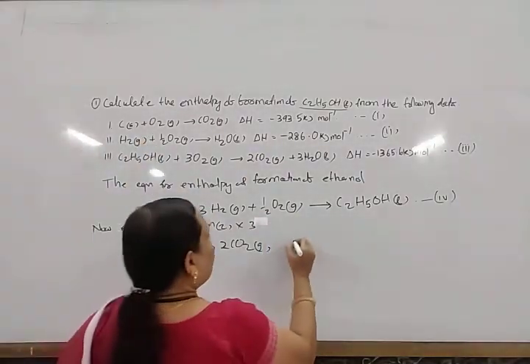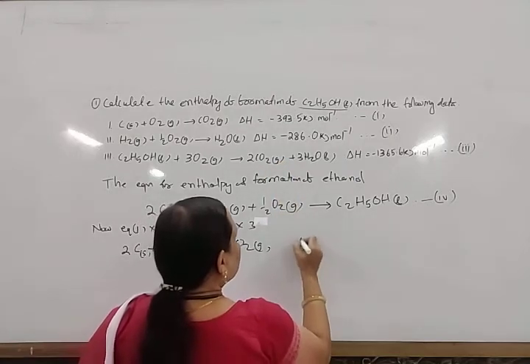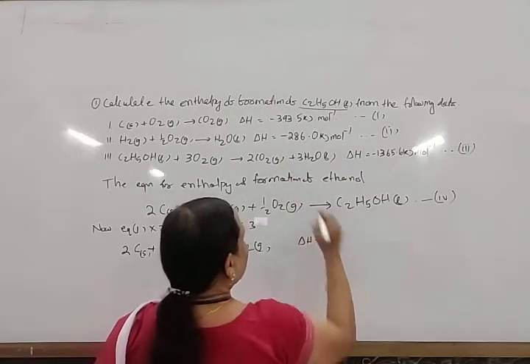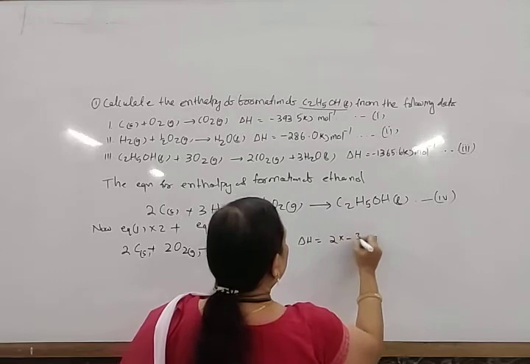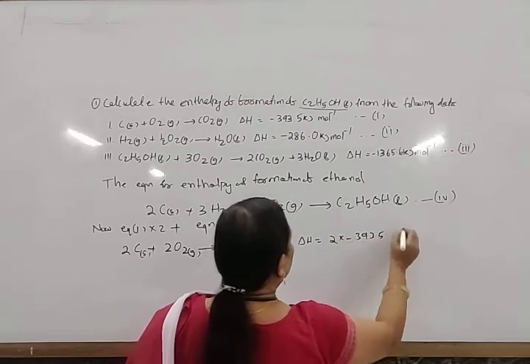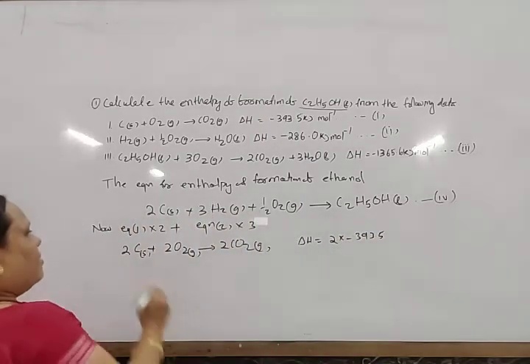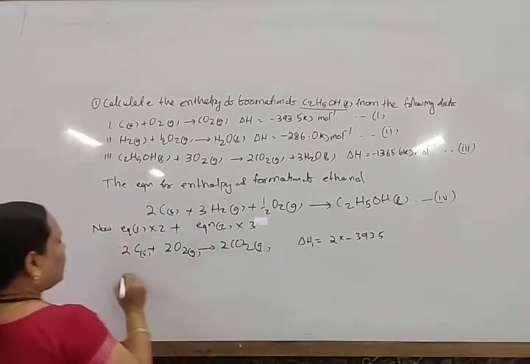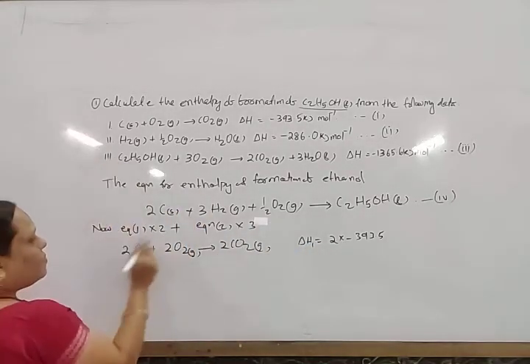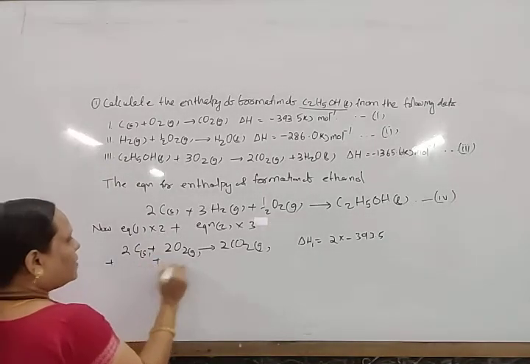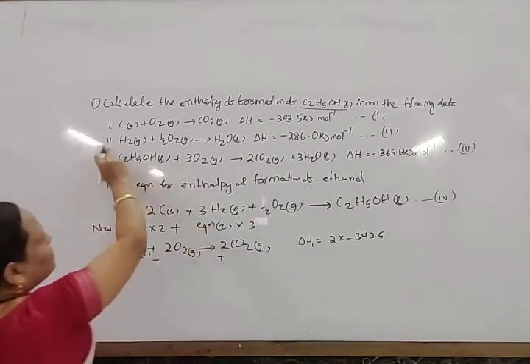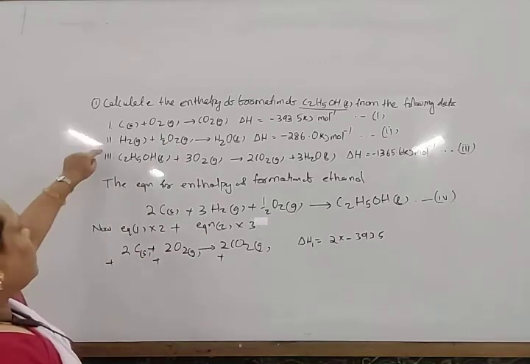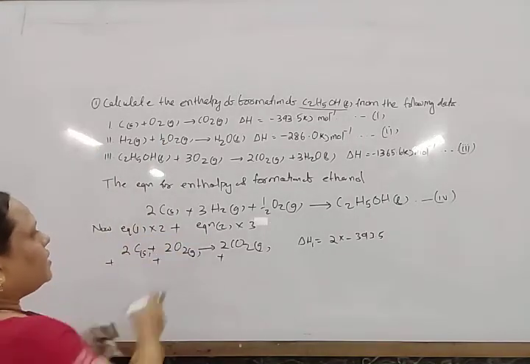That is, here del H is 2 into minus 393.5, and suppose this is del H1. And now plus, in all cases, equation 2 into 3.